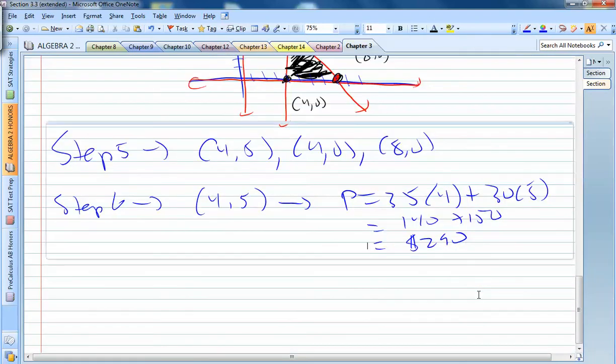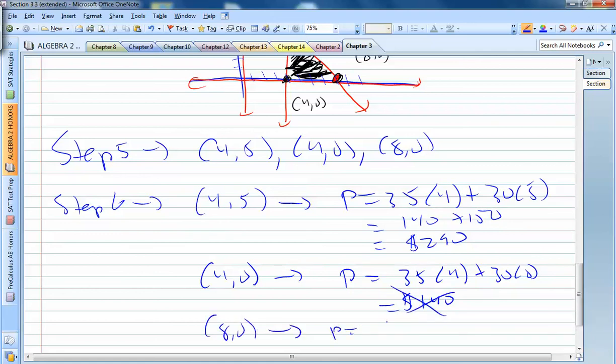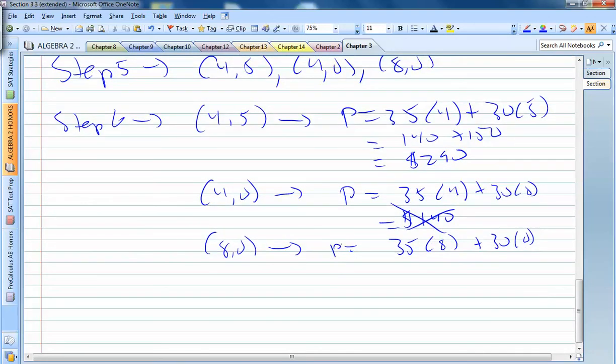That's actually good money. If I make 4 bowls and no plates, well, that's kind of a waste because we're wasting a lot of clay there. It's $140. So I don't like it. If I make 8 bowls and no plates, so at least I'm making 4 bowls and I'm using all the clay that's out there, that should be $280, I believe.